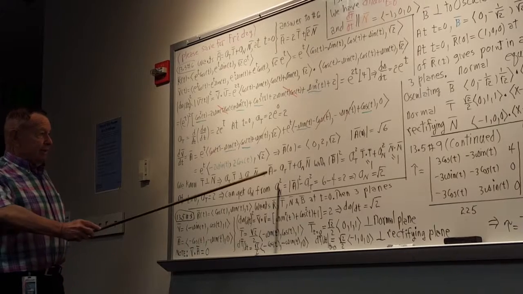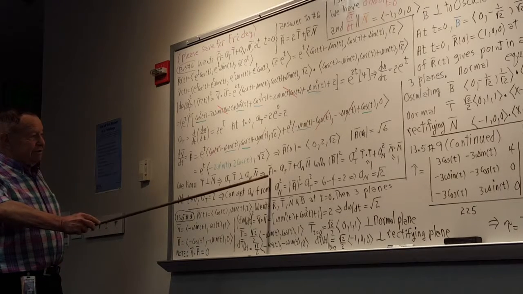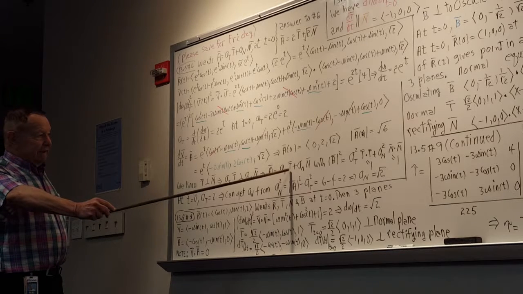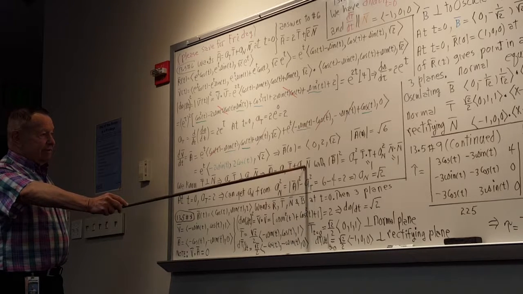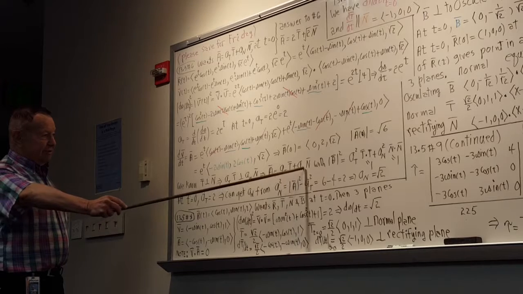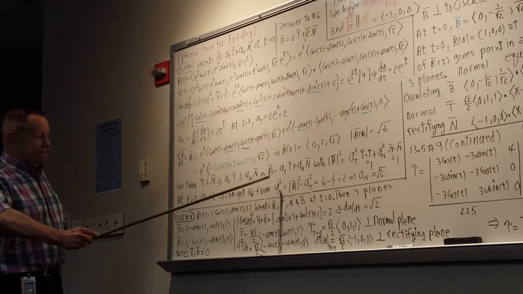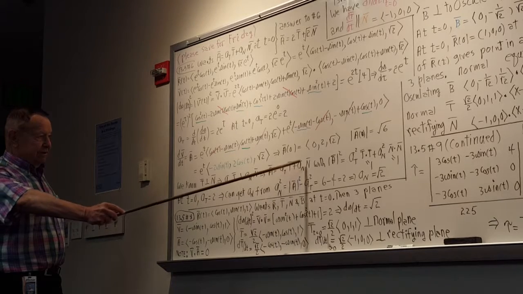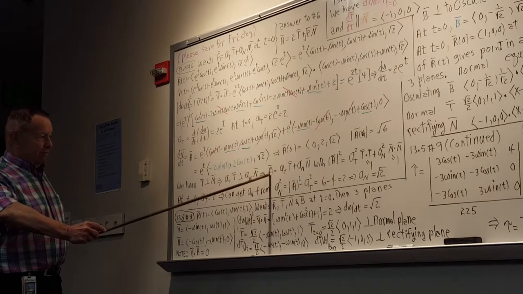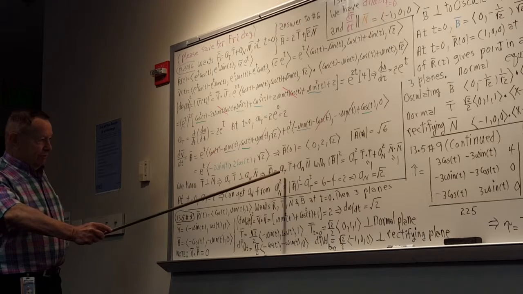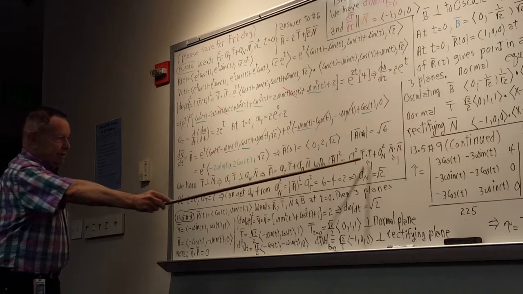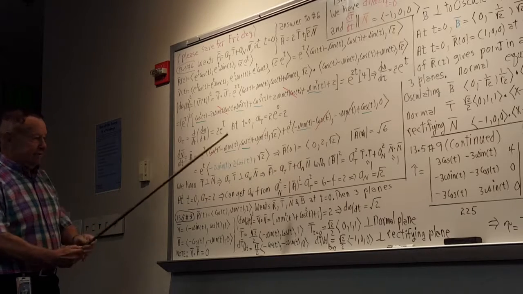So what that means is that since you're writing your acceleration as the vector sum of vectors that are at right angles, then if you dotted this with itself, the squared magnitude would be a sub t squared, t dot t, which is 1 because they're unit vectors.